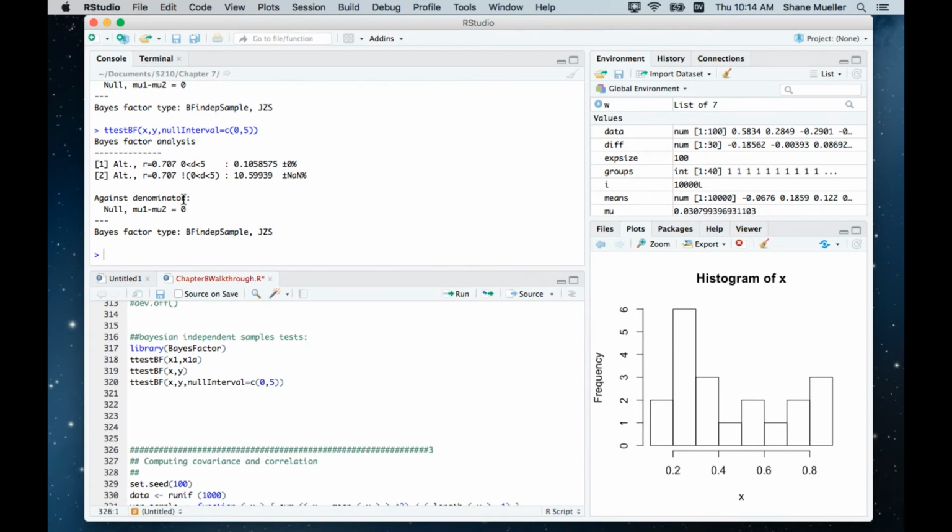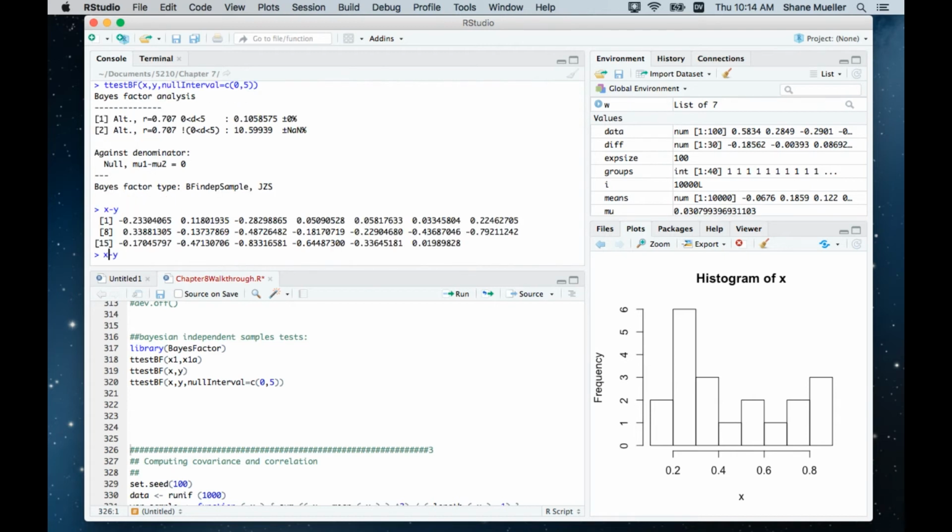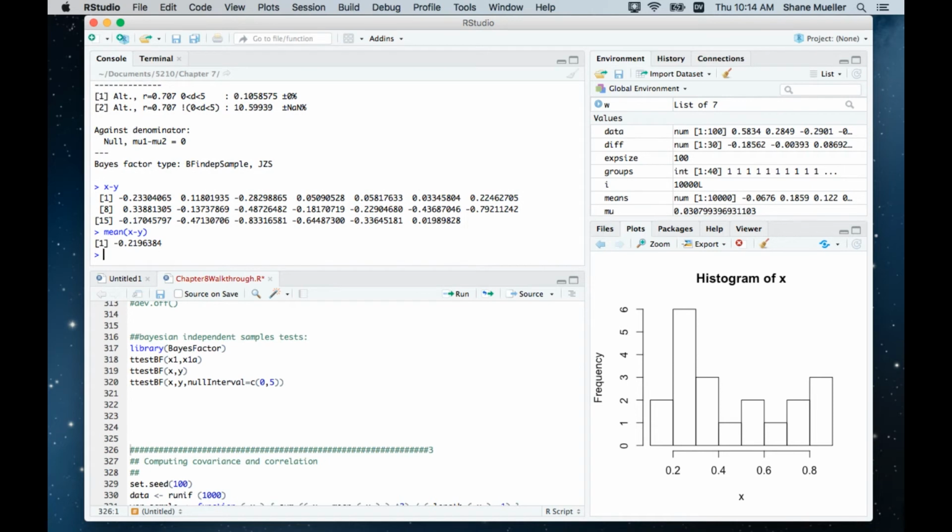Well, I've put it here, and it finds strong evidence for the alternative that's outside of this range. I guess it looks at the difference, and my difference between these is X minus Y. The mean of X minus Y is negative 0.21.